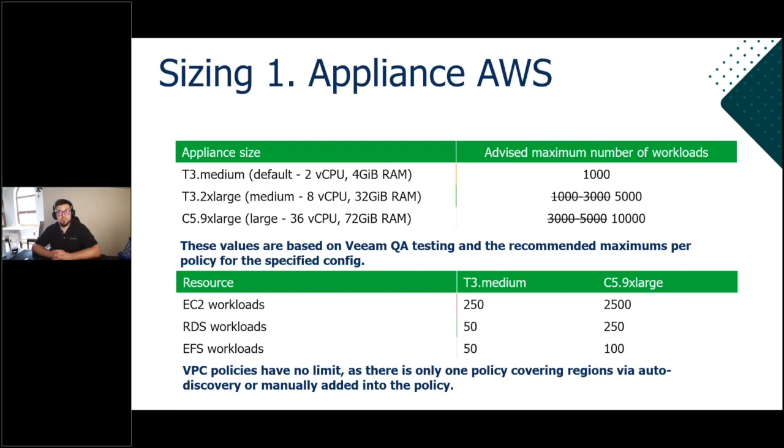So T3 medium can cover up to 100 accounts, and the largest C5 9X large can cover up to 300 accounts when needed. VPC policies have no limits, so it's only one policy, so nothing has been tested, nothing to test here.